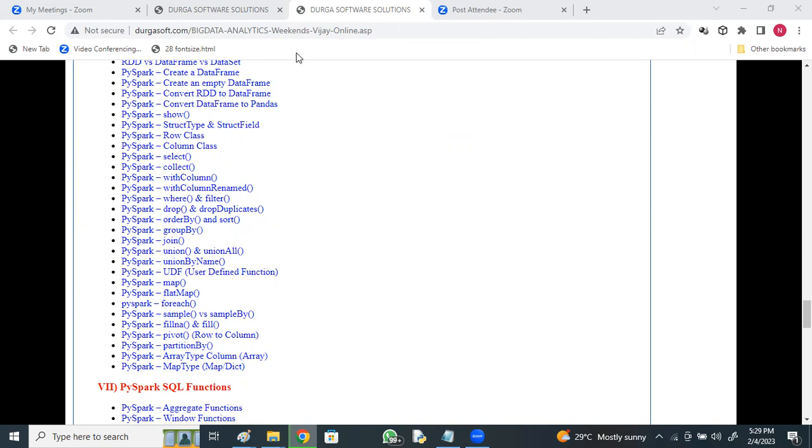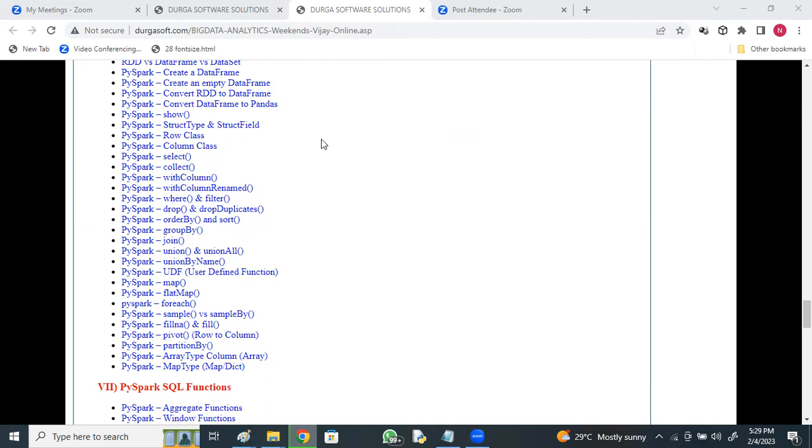We are excluding Python; if you want only Hadoop and PySpark, it's 12,000. It's an offer batch, with both technologies, Hadoop and PySpark, combined.